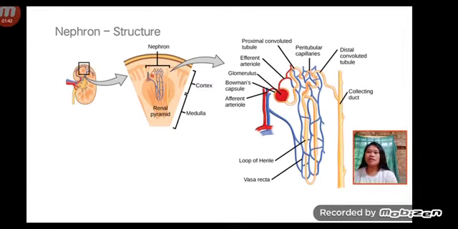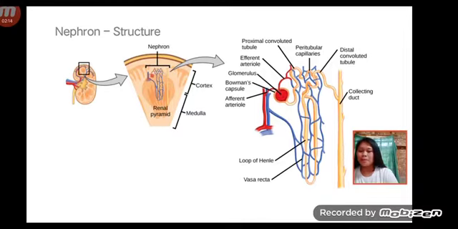So these are the nephron structures. Nephrons have a cortex, which is the outer part of the kidney. The second is the medulla, the inner part of the kidney. The proximal convoluted tubule, the efferent arteriole, the glomerulus, and Bowman's capsule, a capsule-shaped membranous structure surrounding the glomerulus of the nephron in the kidney of mammals that extracts waste.